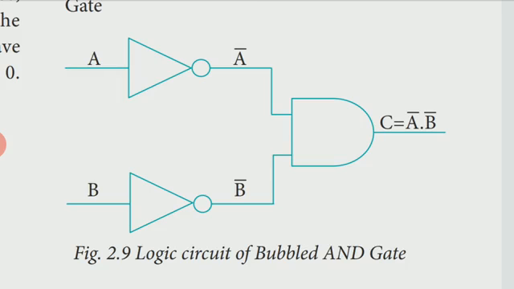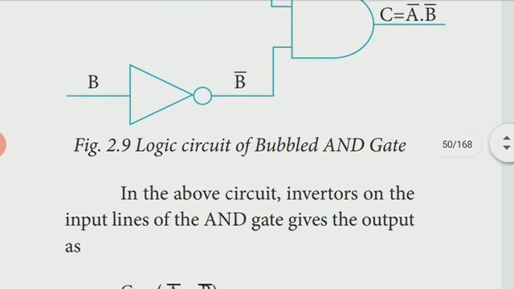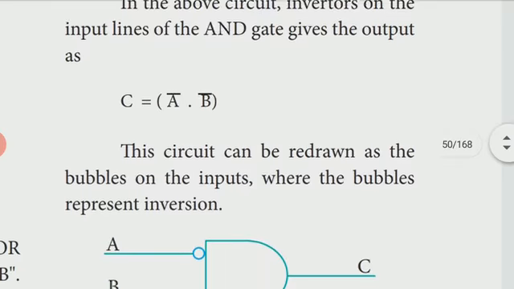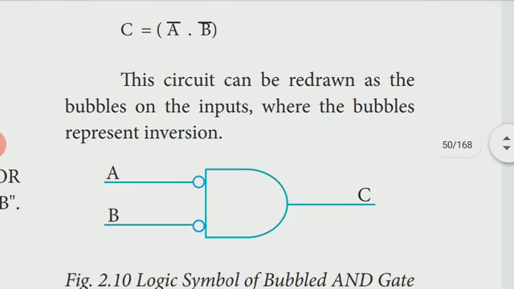So the answer becomes C equal to A complement dot B complement, and the logic symbol is like this: a bubble on A and a bubble on B. The bubble denotes that we take the negative at the start itself. Then you use the AND symbol.